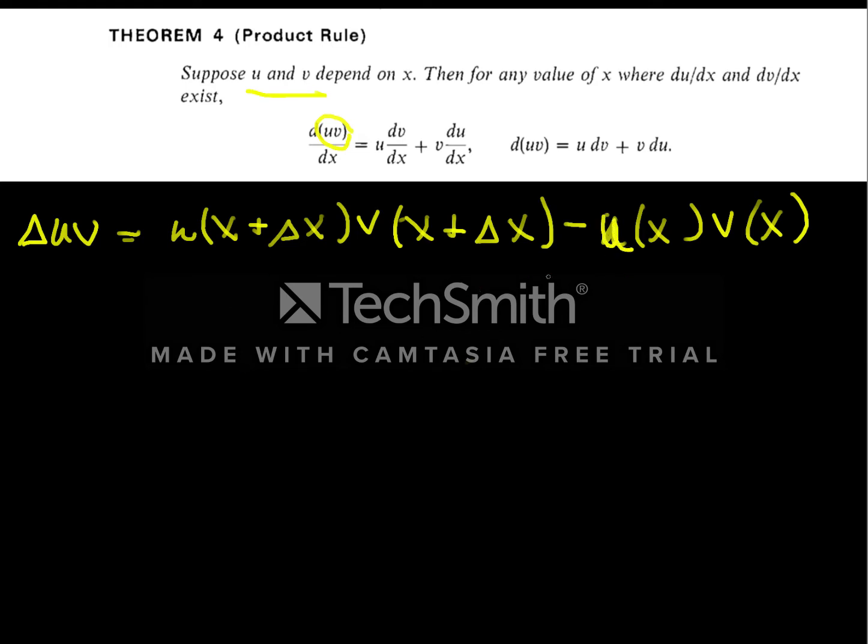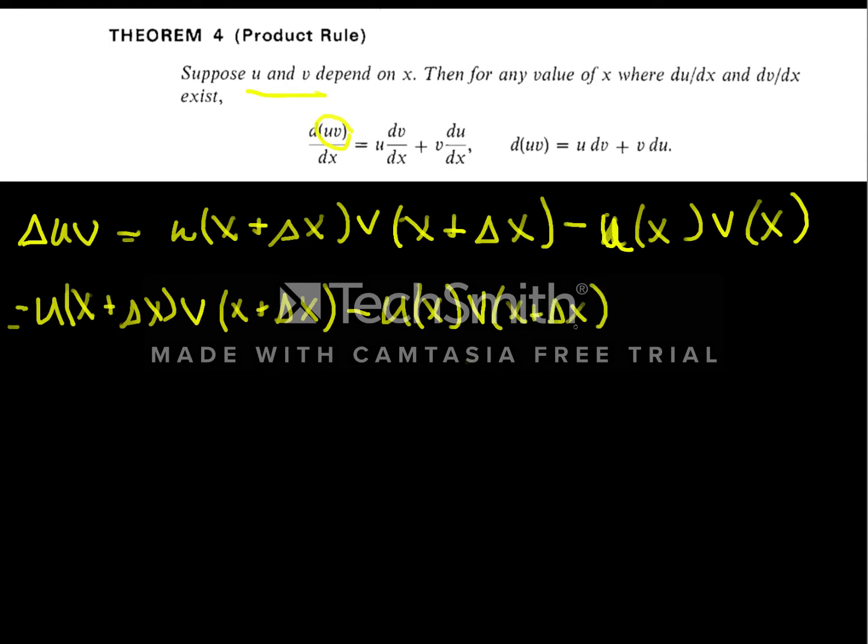So at first blush, it doesn't seem like there's a lot we could do algebraically to work with this, but because I know where we're going, I'm going to introduce a real slick factor. So this is equal to u of x plus delta x, v of x plus delta x, and then I'm going to subtract u of x, v of x plus delta x, and immediately add it.